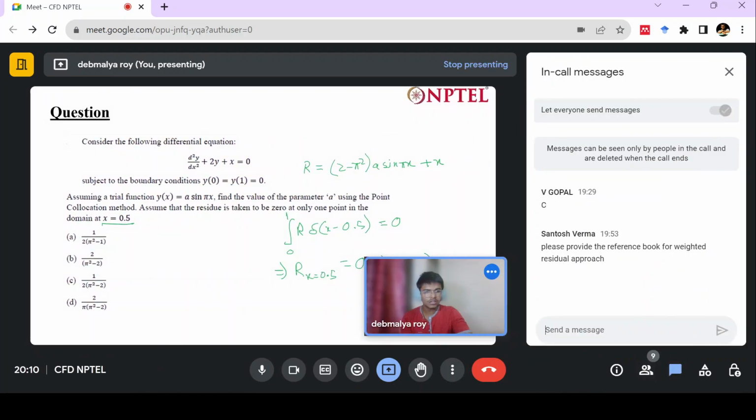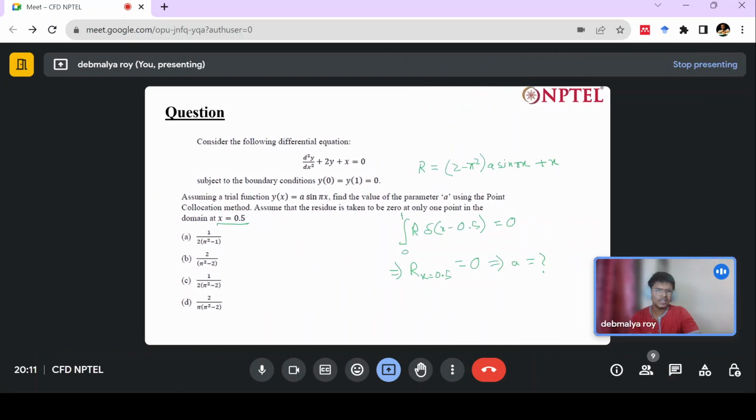Someone was asking for a reference book for the weighted residual approach. In any CFD book or FEM book, a finite element method book, you will find the weighted residual approach. You will also find good study materials from Google itself, notes from other universities, and from NPTEL.